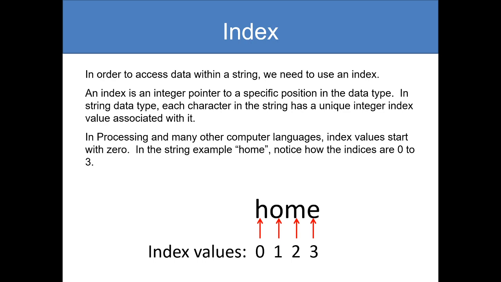So if we look, for example, at Home, we notice how we start with, it's four long, Home. It starts at 0 and it goes to 3. So your first index is 0. If you think of your random numbers, you remember how random goes from 0 to a number. So it's very similar, which is actually on purpose.